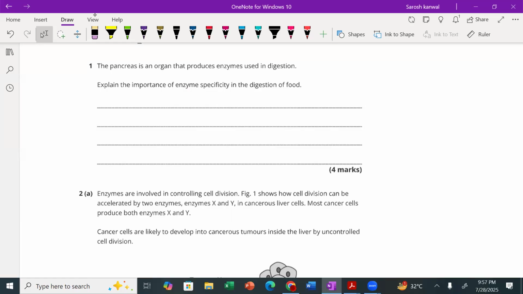Explain the importance of enzyme specificity in the digestion of food. This question carries 4 marks.